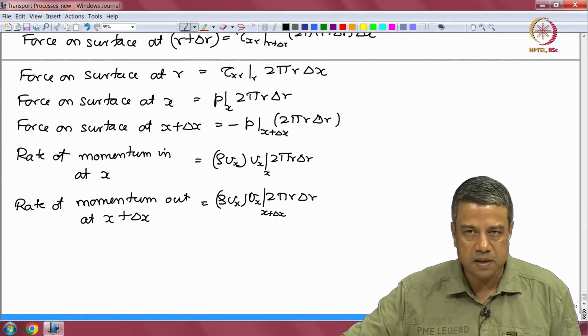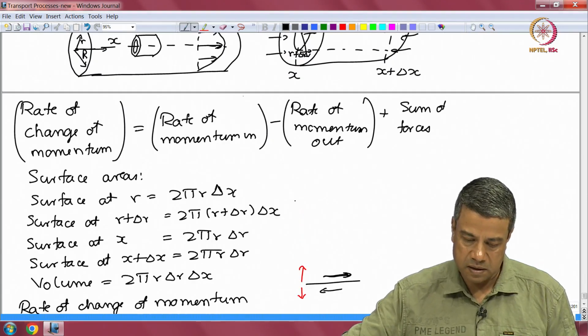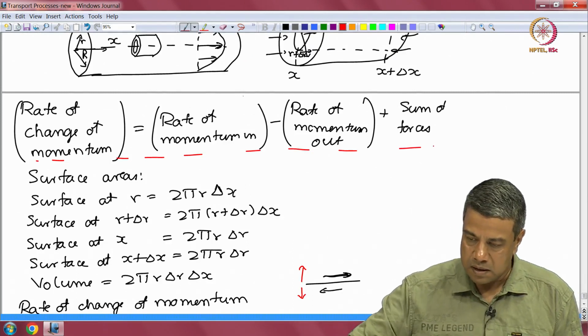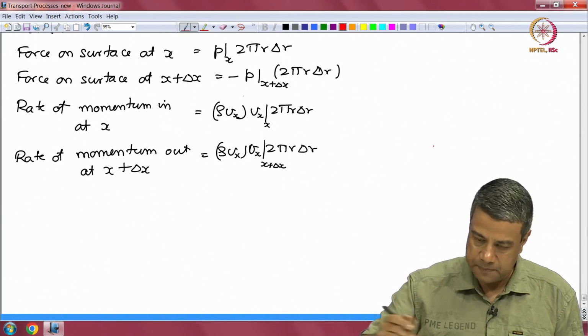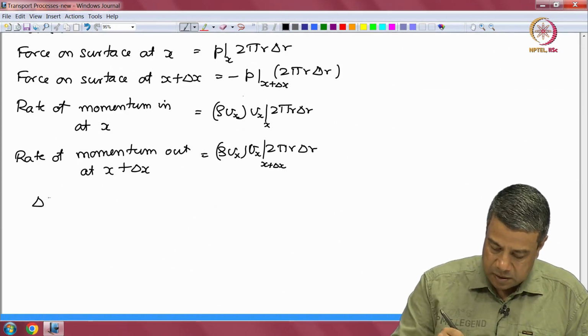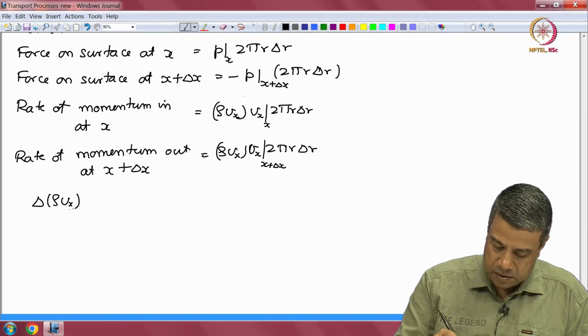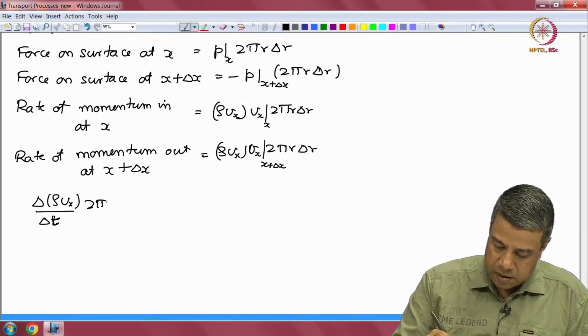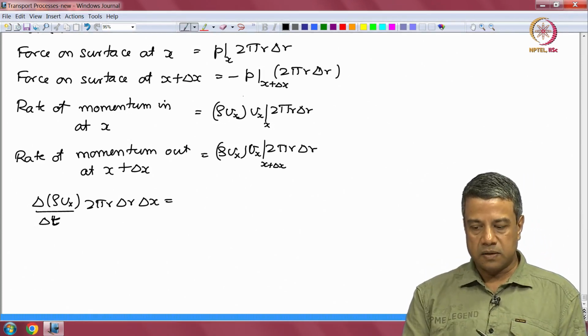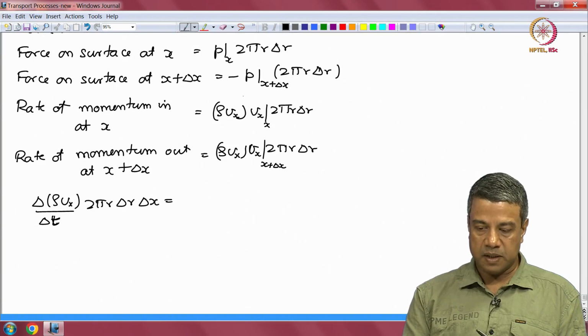So, we will substitute this into the balance condition. The term on the left is delta of rho v x by delta t times 2 pi r delta x, the rate of change of momentum, which is equal to momentum in minus momentum out.